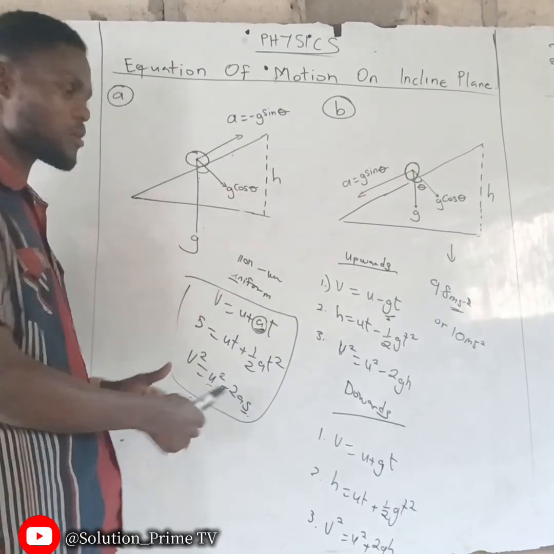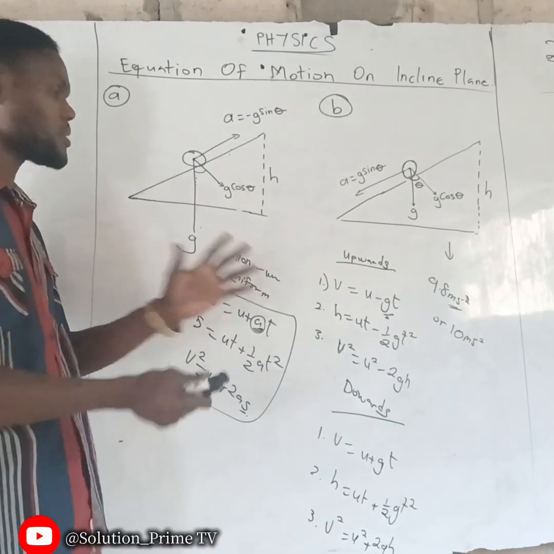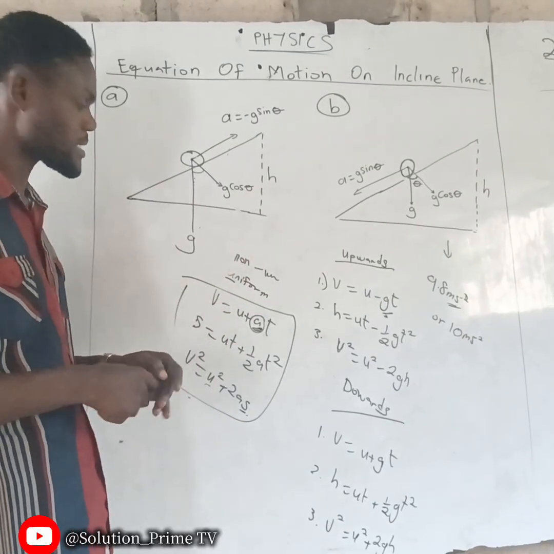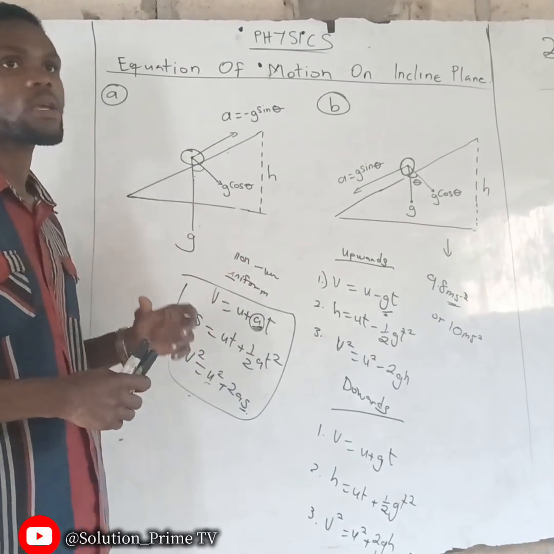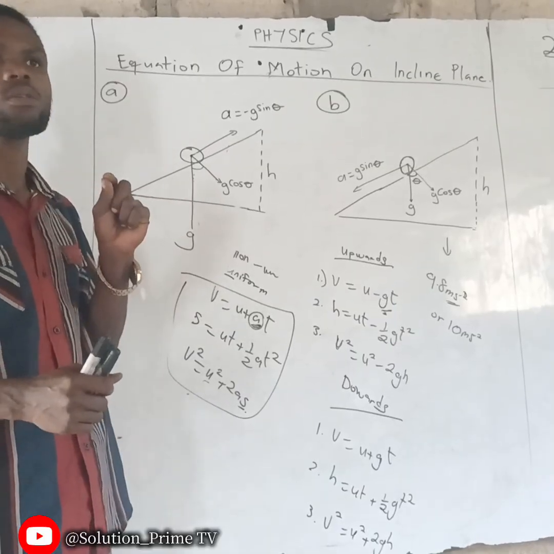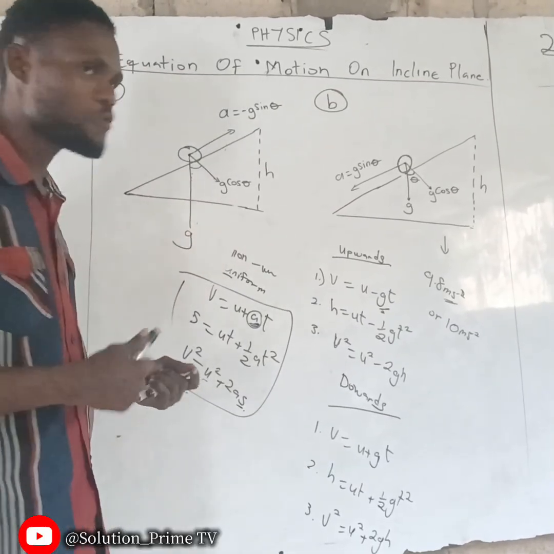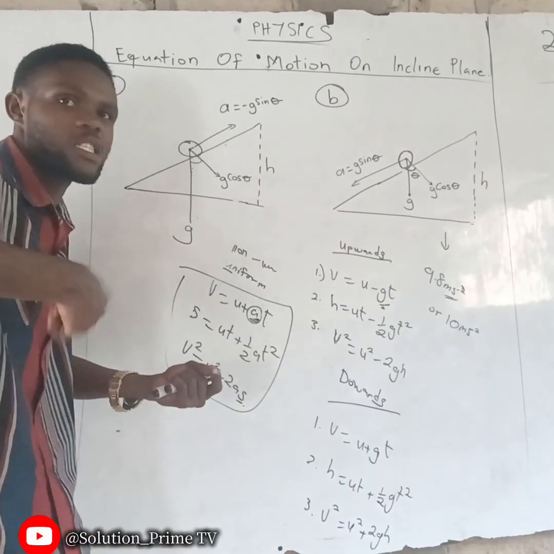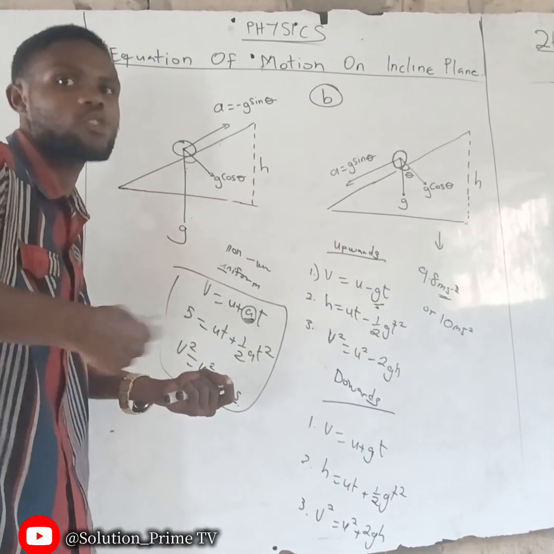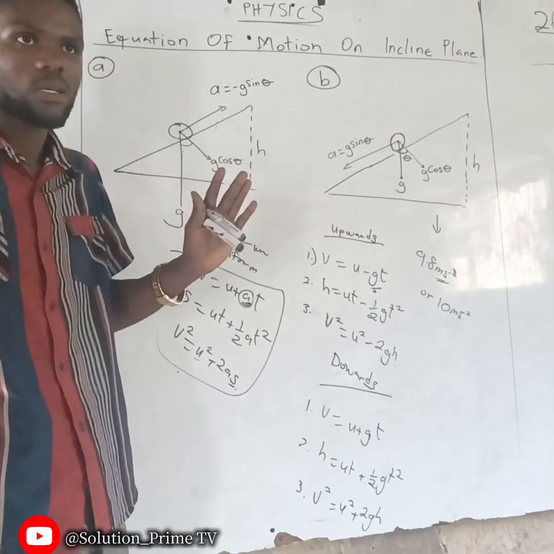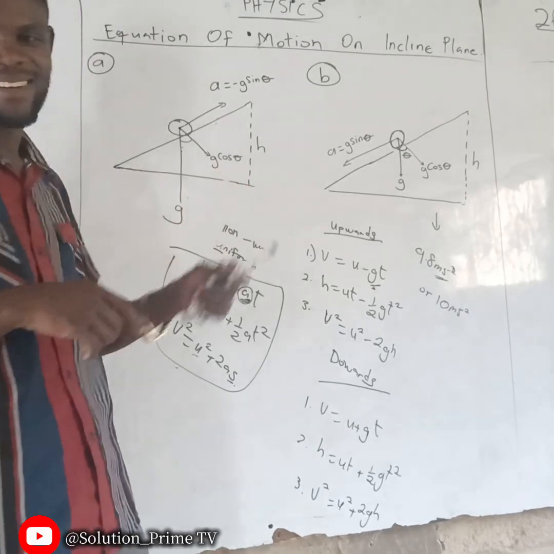All the formulas that we have here do not exist when we have non-uniform acceleration. In uniform acceleration, the time rate of change in velocity is what? Constant. Are you following me? Yes, sir.